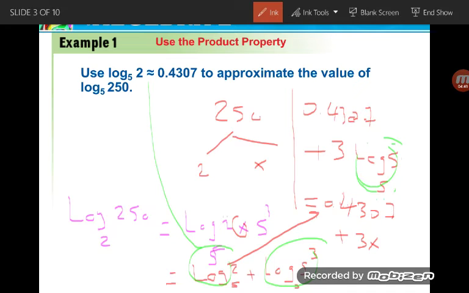So this value is equal to 1, so 3 times 1. The final answer is the addition of 0.4307 plus 3.